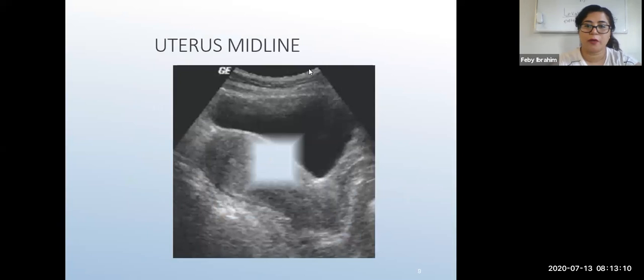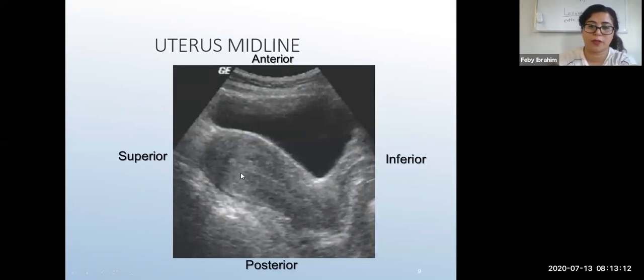This is how the uterus looks in ultrasound, the one that I drew for you on the board. See, this is the bladder. We use the bladder as an acoustic window. It's a cystic structure with posterior acoustic enhancement. It enhances the pelvic organs. Look here, the orientation: anterior, posterior, superior, inferior.